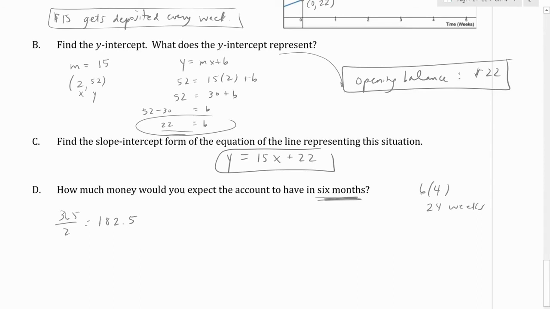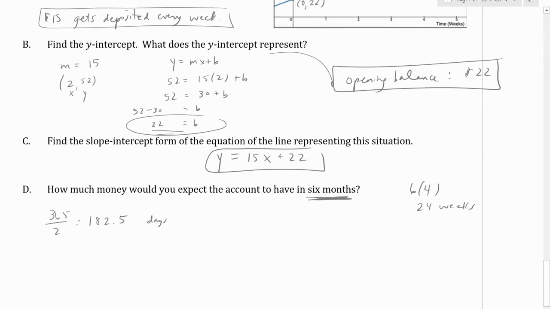That's 182 and a half days. Let me double check my arithmetic. Yeah. And then 182 and a half days divided by 7 days in a week. I don't feel like thinking that hard this morning. I'm just going to punch it in.